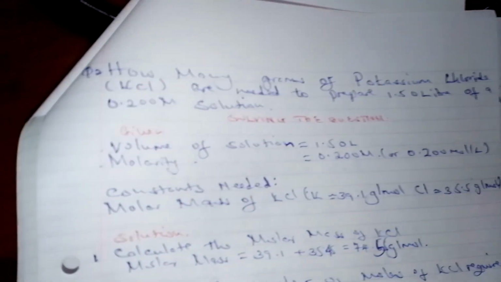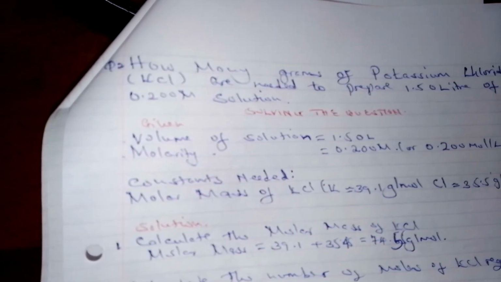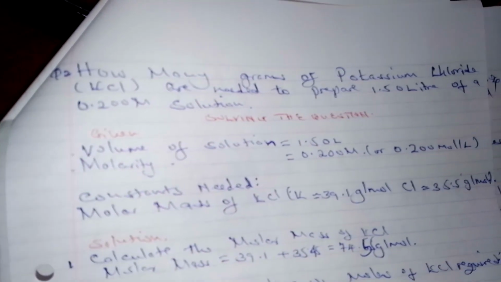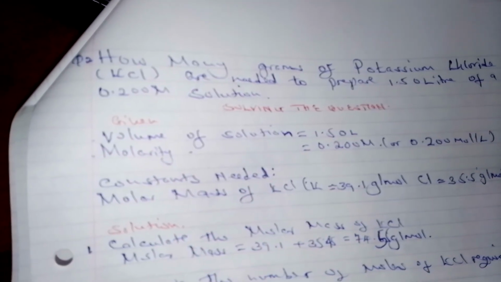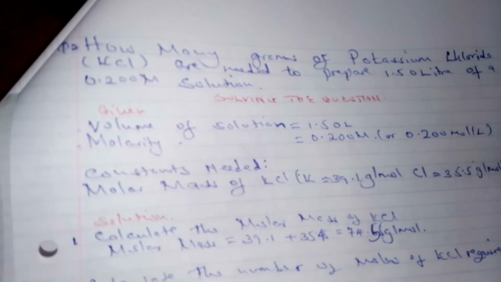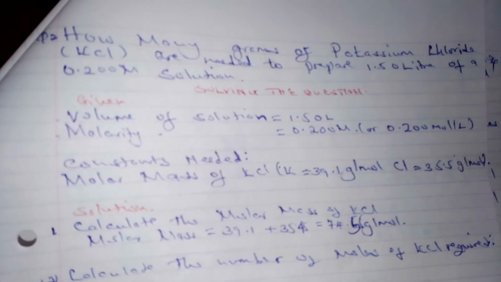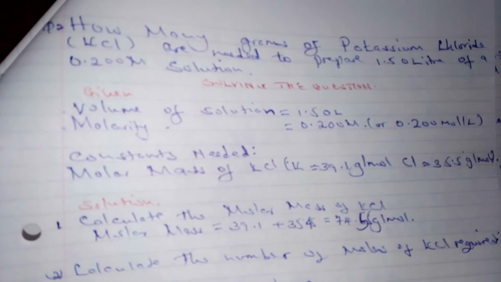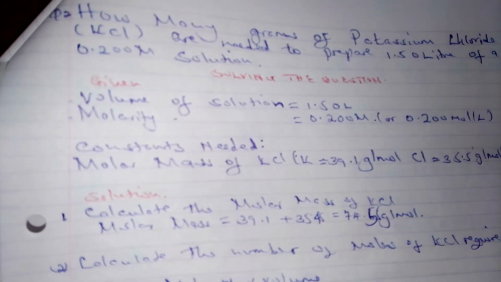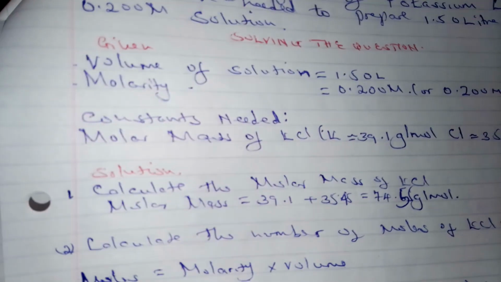Question 2: we were asked how many grams of potassium chloride, KCl, are needed to prepare 1.5 liters of 0.200 molar solution. This is how it is supposed to be solved.